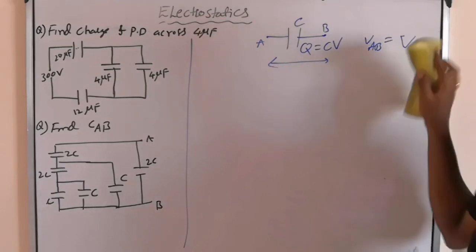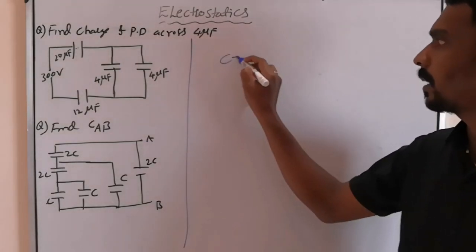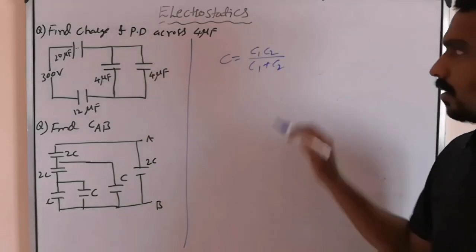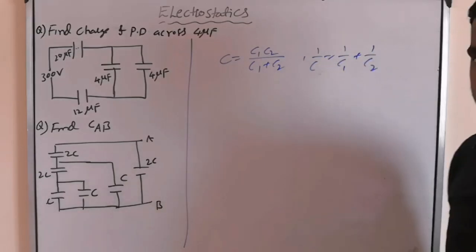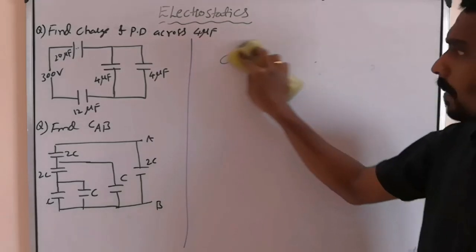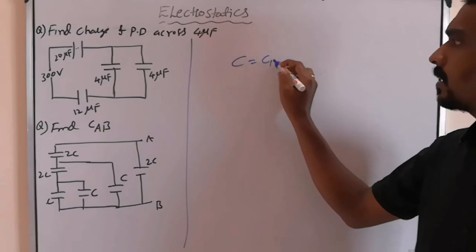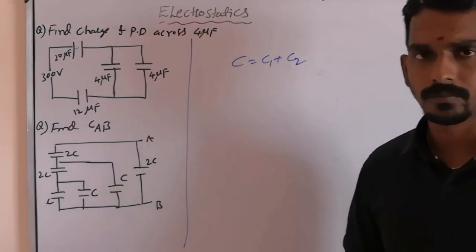So this is the formula. When two capacitors are connected in series, the resultant capacitance is C1 C2 by C1 plus C2, or else 1 by C equal to 1 by C1 plus 1 by C2. In parallel combination, the resultant capacitance is C1 plus C2.